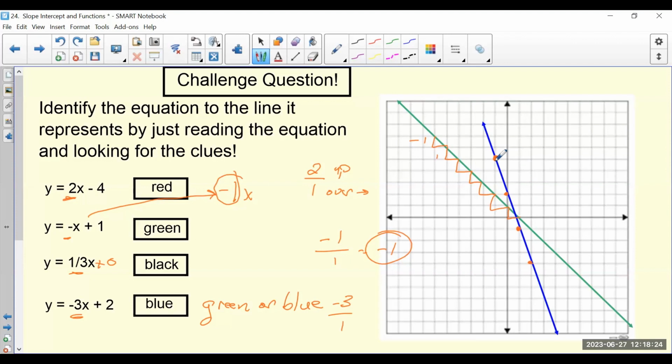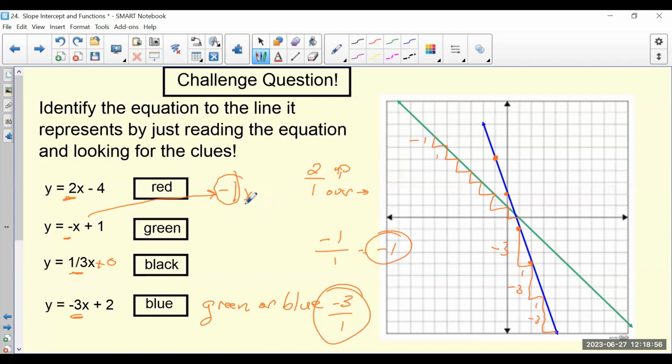I'll check here because it's easier. 1, 2, 3 over 1, and 1, 2, 3 over 1. Yes, it is going down 3 over 1, down 3 over 1, down 3 over 1. And we have the right slope. So -3x is down 3 over 1. That's the blue line.